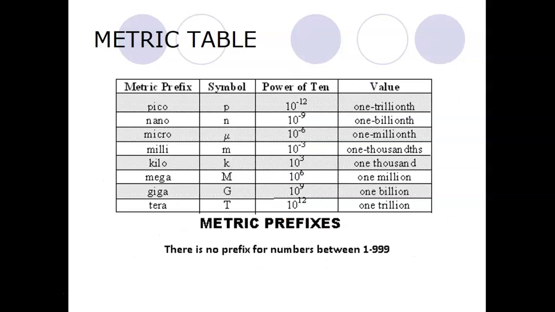So here's the metric table. It's the same thing I've written out over here to the side, only in reverse. So you have pico, which we've heard the term pico, but not really used in this context. Because most of the time you hear the word pico, you think pico de gallo, right? Or things like that.